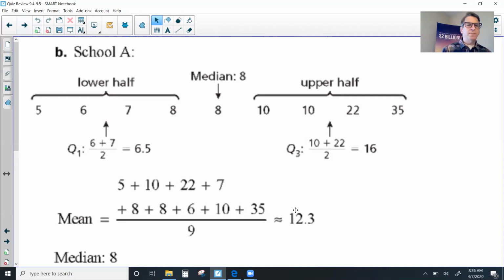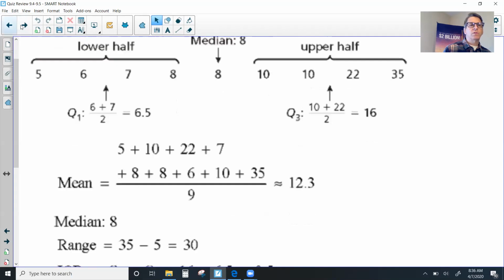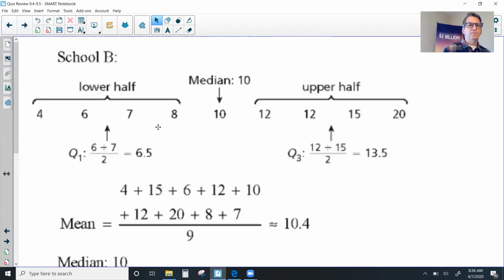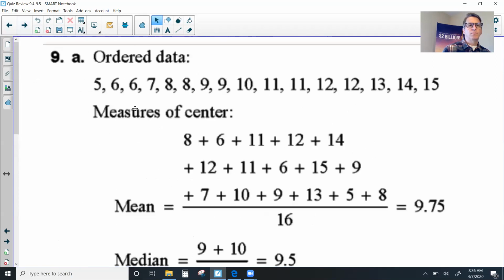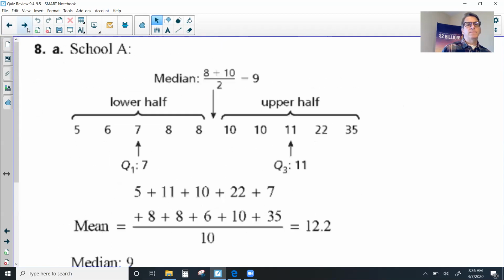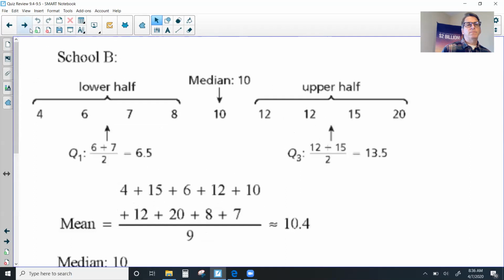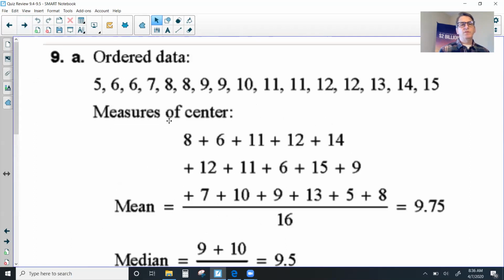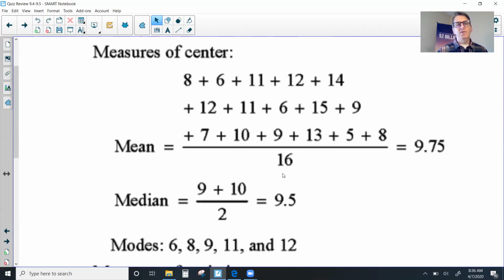So the measures of center would be the mean, the median, and the modes.